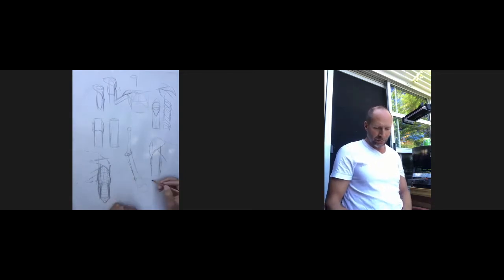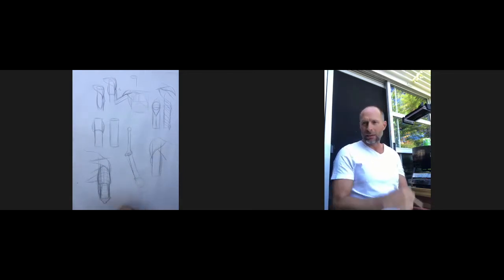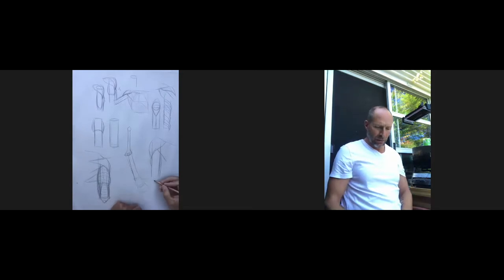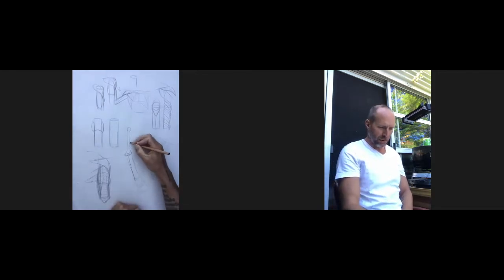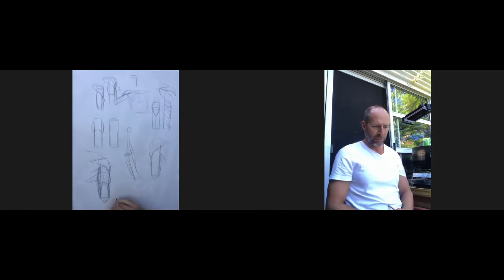Now this triangle, even though you can't see this bone obviously from the front, what you can see is the bottom of the belly of this muscle, and as it interrelates with your forearm muscles, which again on the thumb side are doing this, and on the pinky side doing this.